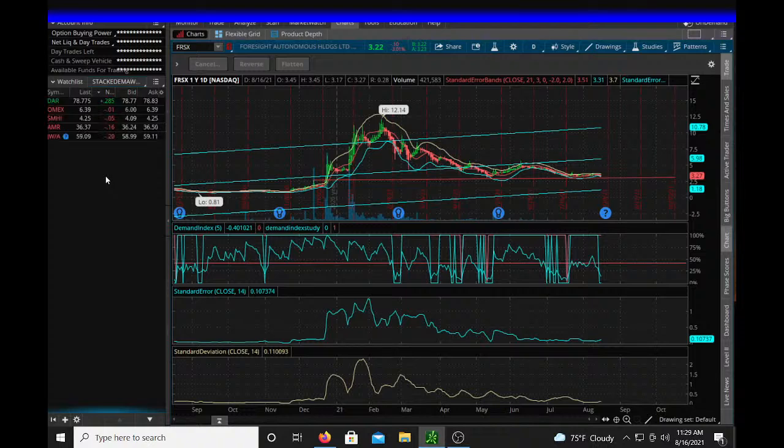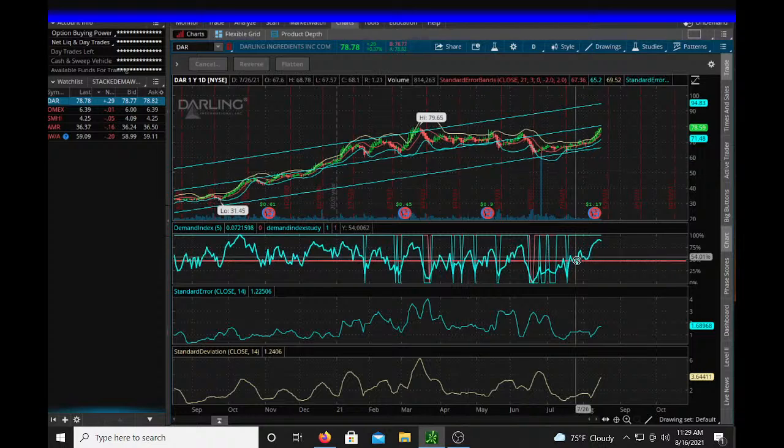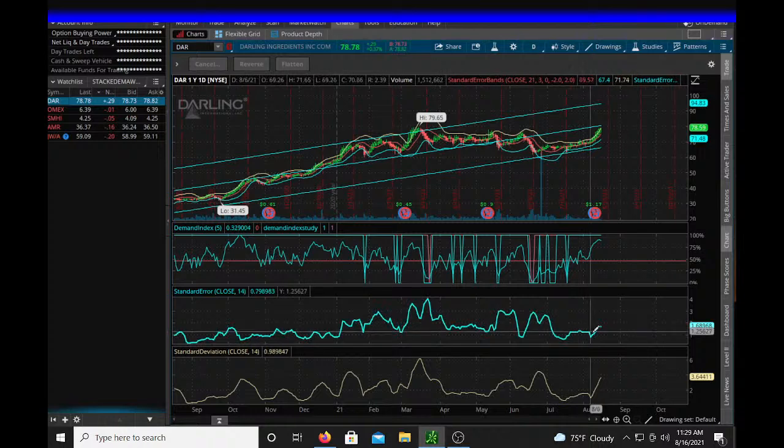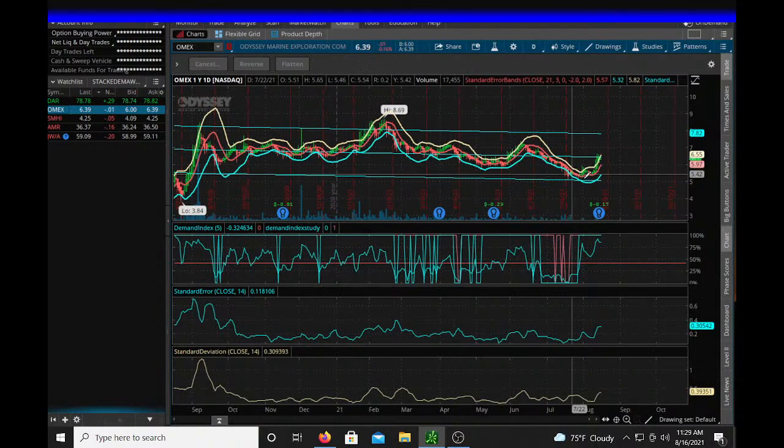And here we are with a few examples. Looks like DAR is on the rise. And we can see that with our move above our demand index and our standard deviation and our standard error starting to move. Looks like we've got OMEX, Odyssey Marine Exploration. Nice little pop with that.